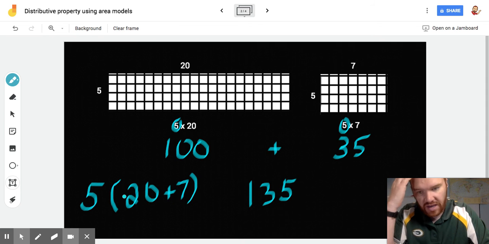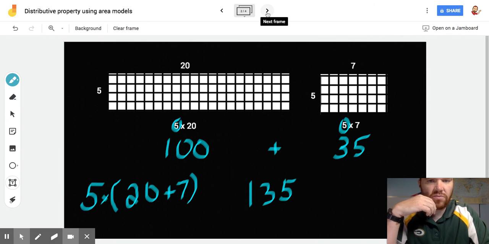Because if I added this together, I would have 5 times 27. Some things you guys might not understand quite is that anytime I have a value and I don't have anything here and I have parentheses or maybe a variable, that means multiply. So it's like there's a little invisible multiplication sign here. All right. So 5 times (20 plus 7) would be the same as 5 times 27.